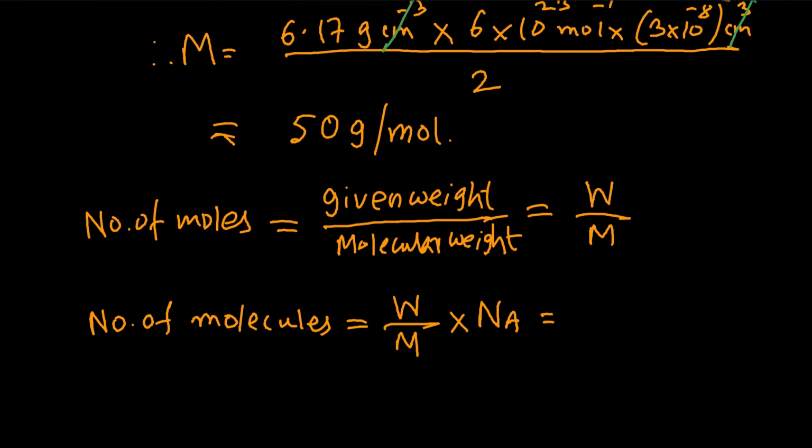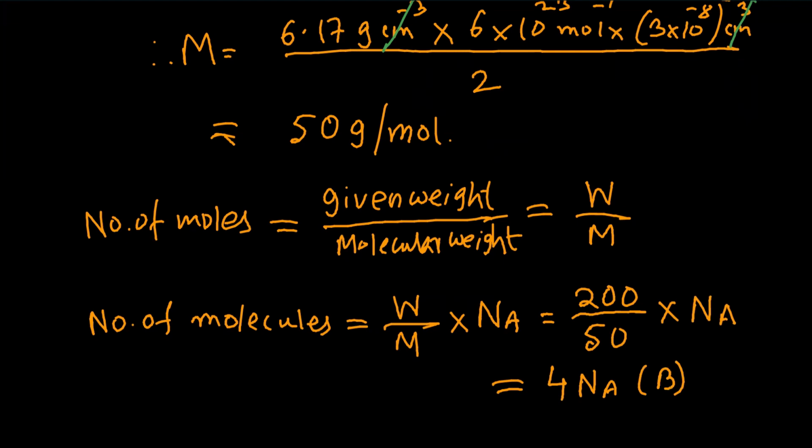So according to it, W was 200, okay, divided by 50, so × Na. So your answer will be 4 Na. And this matches with option number B. B will be the correct answer.